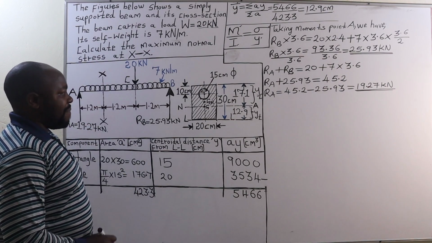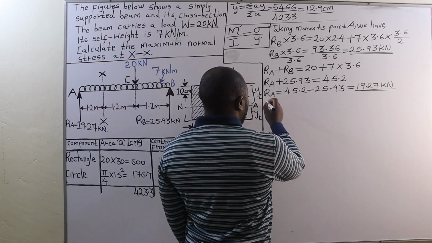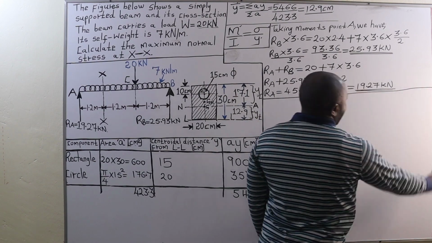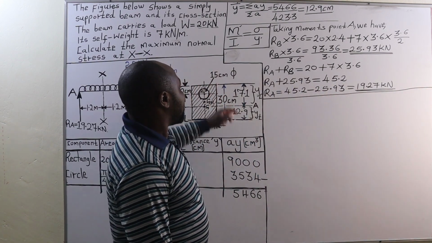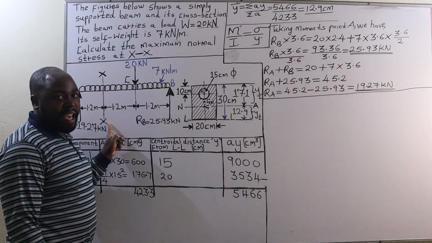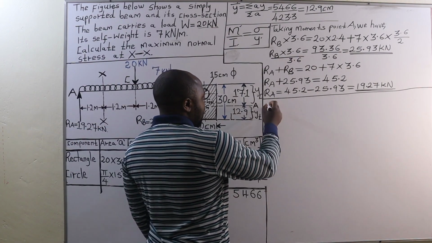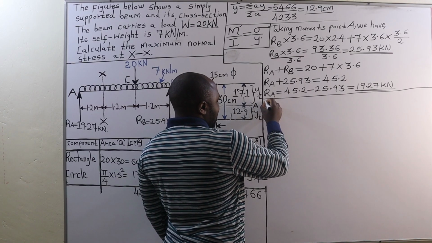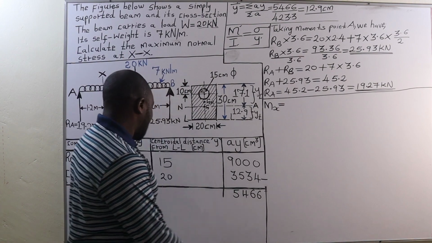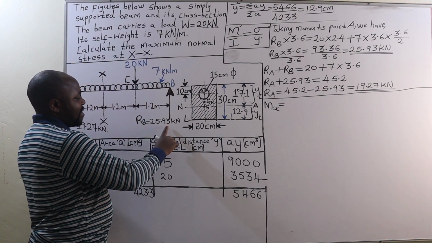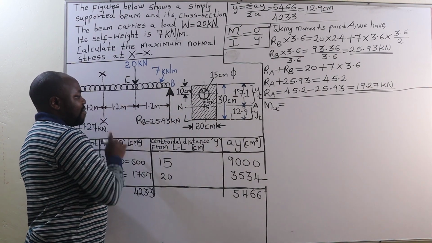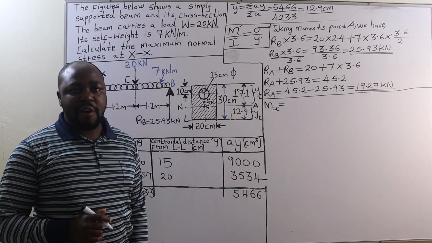Now, after getting the values of the reactions at both supports, the next thing we are now going to determine is the bending moment at section XX. Now, taking moments about XX, the bending moment at X will be given by reaction at B, that is 25.93, times the distance from B all the way to XX, which is 2.4 meters.